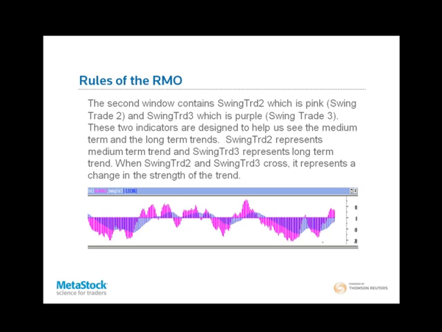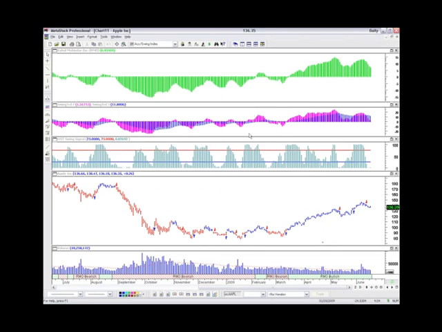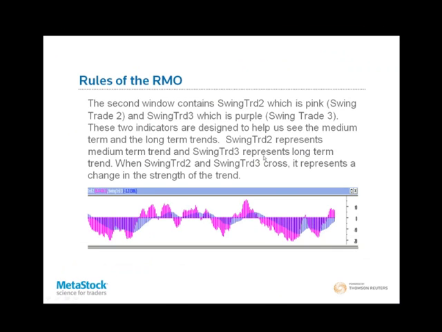The second window, as you notice here in Metastock, holds swing trade 2 and 3. So swing trade 2, which is the pink oscillator down here, and swing trade 3, which is purple. These two indicators are designed to help us see the medium-term and the long-term trends. Swing trade 2 represents medium-term trend, and swing trade 3 represents long-term trend.